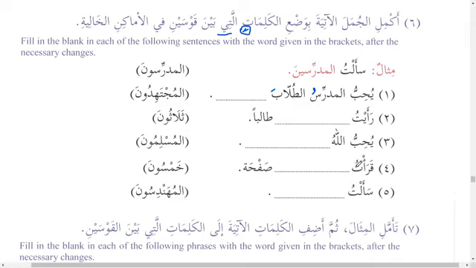Okay, qara'tu 50 صفحة. Okay, I read how many pages? 50 pages. Okay. And صفحة, we know that whether it is masculine or feminine, it will be singular and it will be mansoob. سألت, I asked. المهندسين.